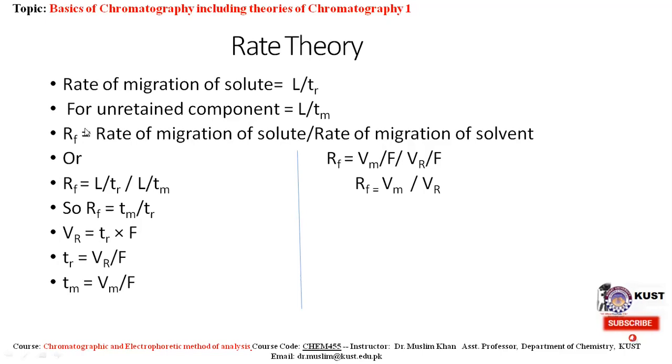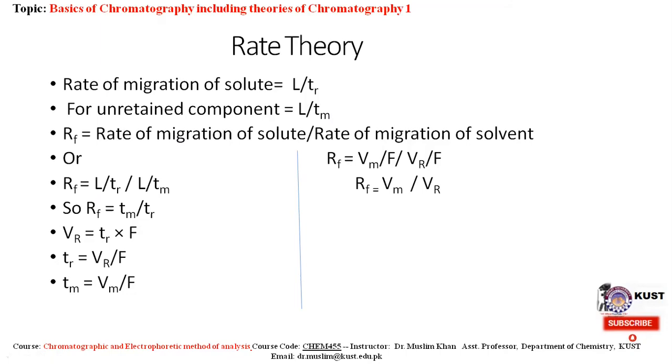There is another factor, RF, called the retardation factor or retention factor, given as the rate of migration of solute divided by the rate of migration of solvent. The rate of migration of solute is given by equation 1, and that of the unretained component by equation 2.